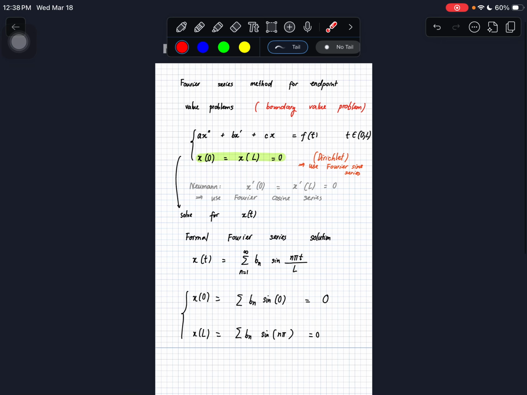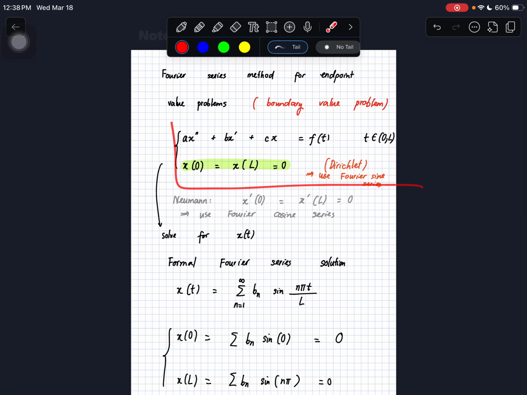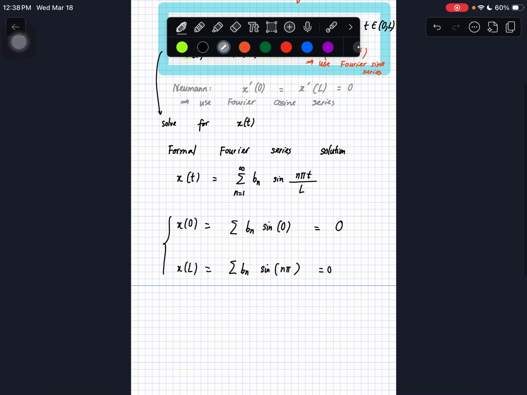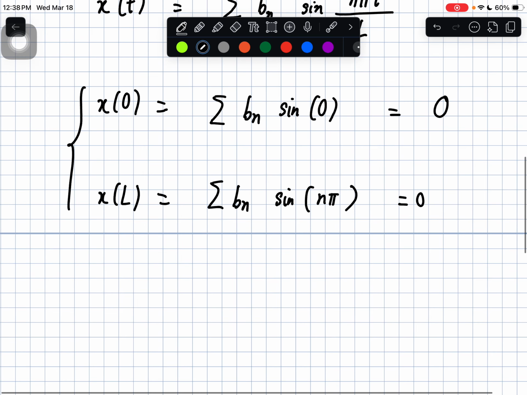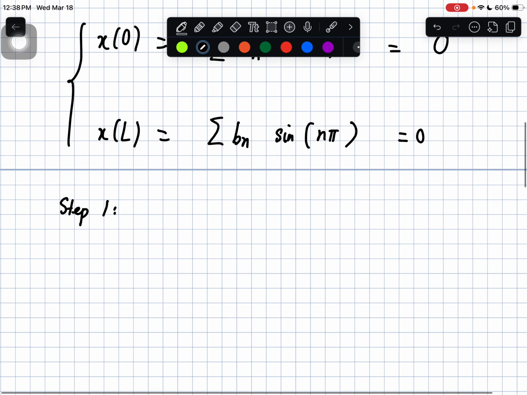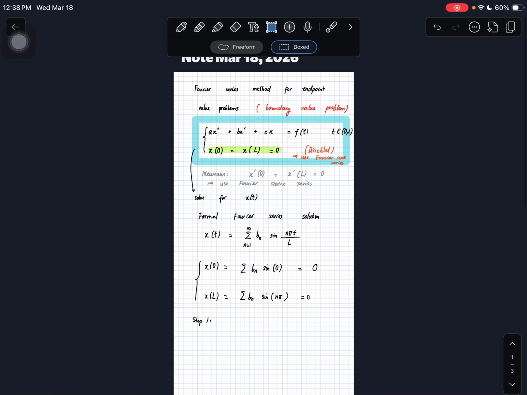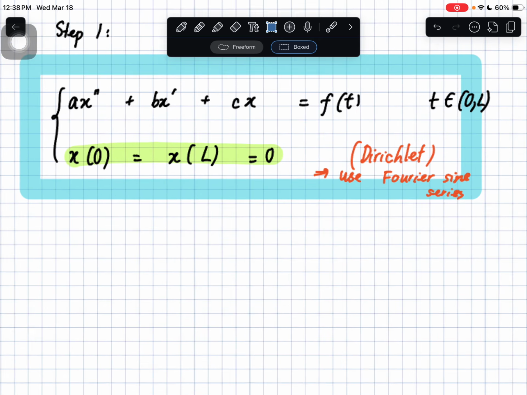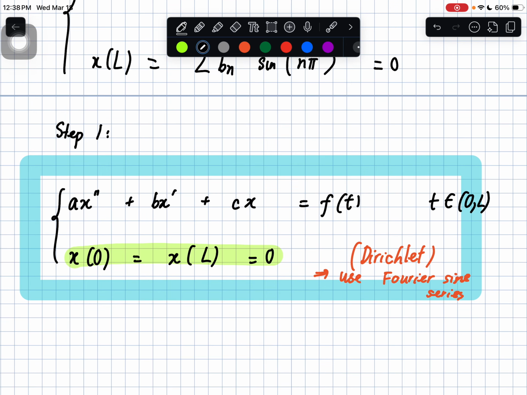So now let's do this example when we have Fourier sine series. Step 1, check the boundary condition. We solve this boundary value problem by checking the endpoint or boundary condition.